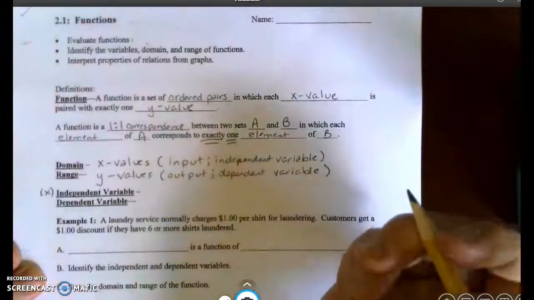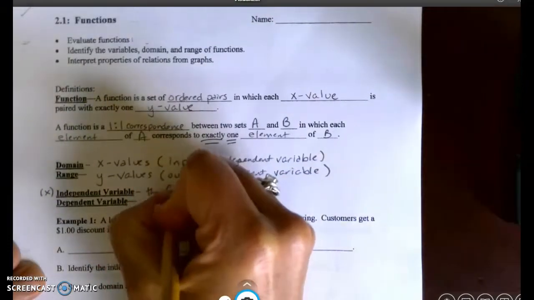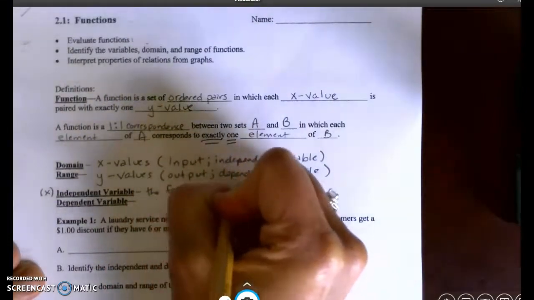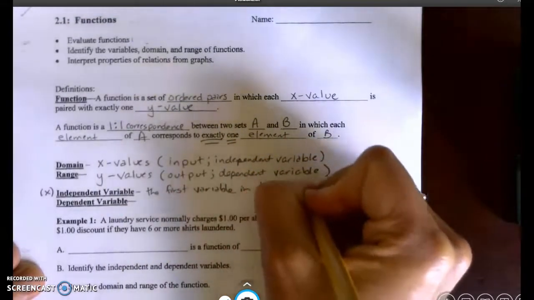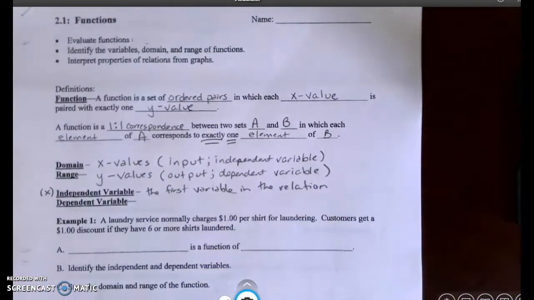And when you're in a real life scenario, it's the first variable in the relation. It's the thing that we can't do without, and the thing that we have the least control over.